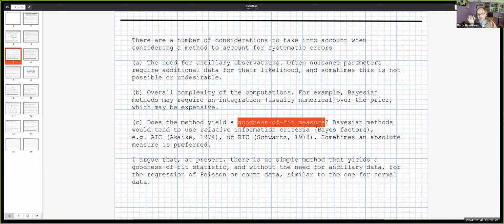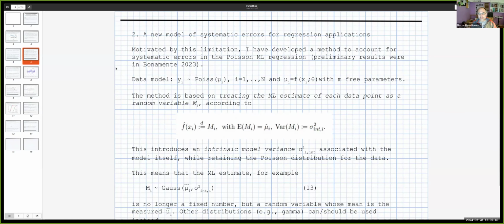And so I believe that there is actually a very simple method that has all these desirables, so to speak. So I thought of a way that we can overcome this problem. Let's talk a little bit about this idea.